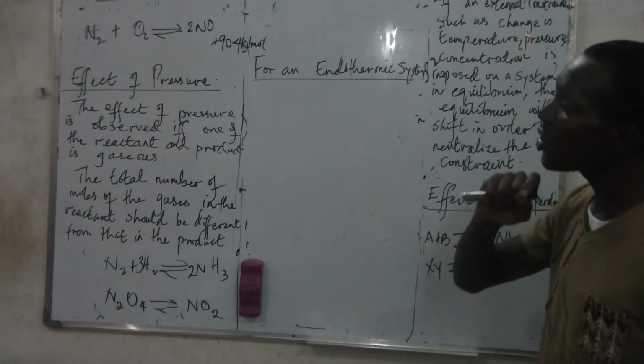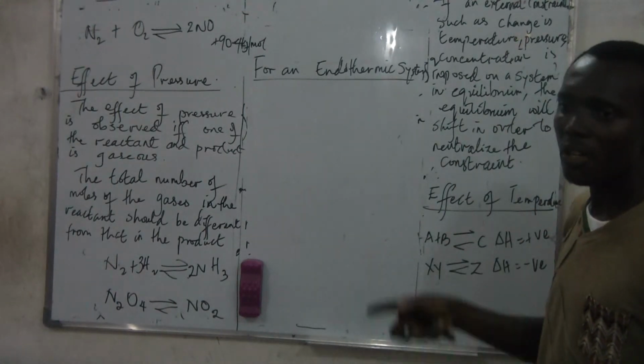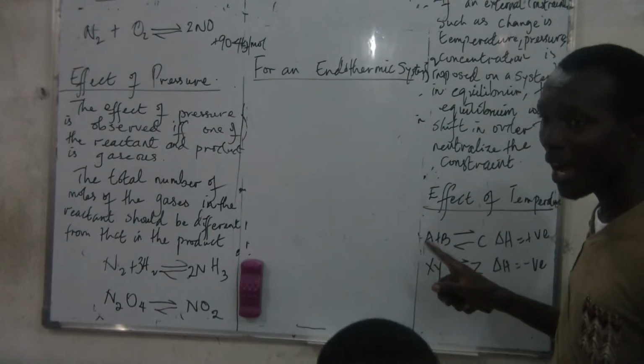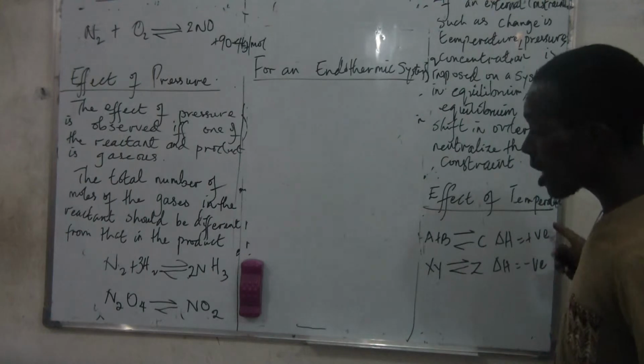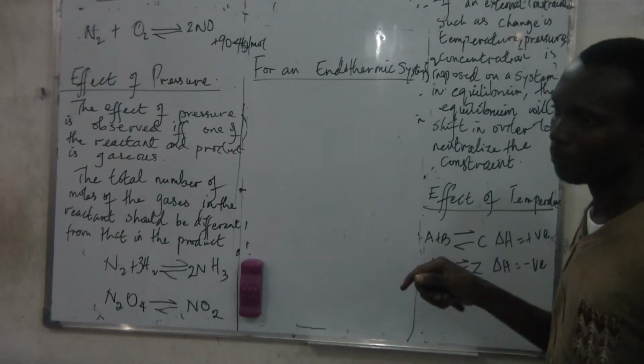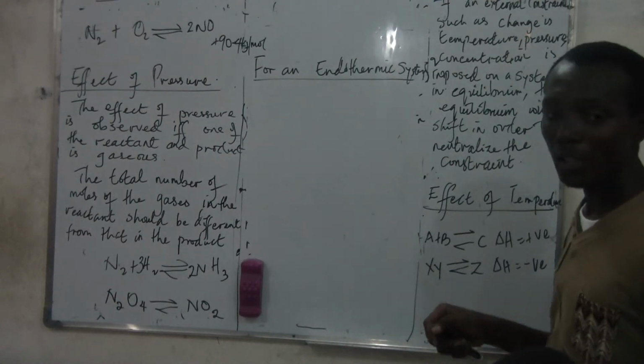When there is a reduction in temperature, the backward reaction will be favored. Why? If the forward reaction is endothermic, then the backward reaction is exothermic. So you can note that down.